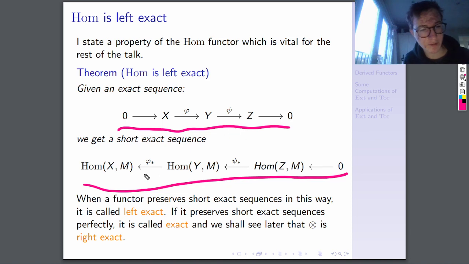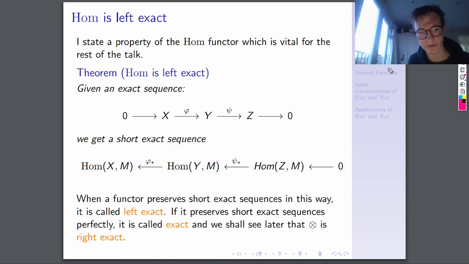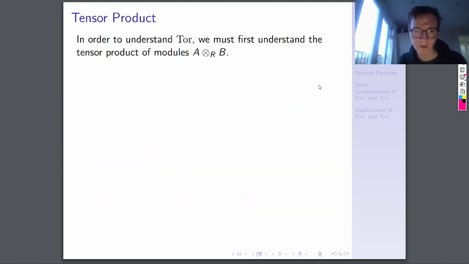Now, a question one might ask is, well, I kind of want to continue this sequence on. How can I do that? And the answer will lie in the Ext functor, and we will look at that later. So, yeah, that's one of the main motivations for studying the Ext functor, in fact. So, okay, let's look at the tensor product now.